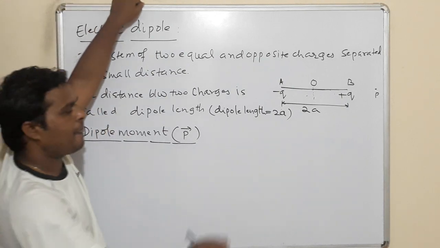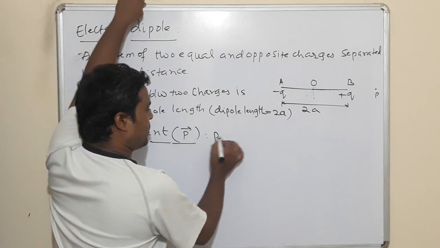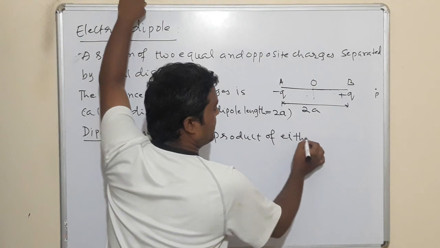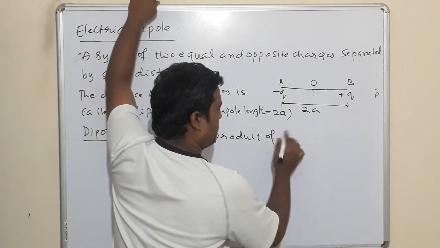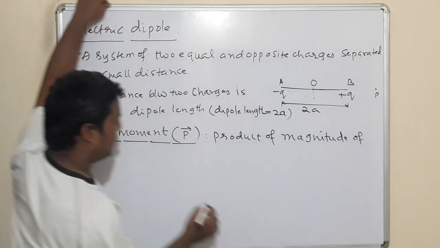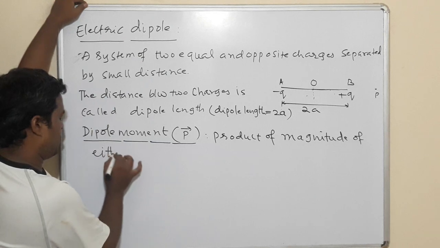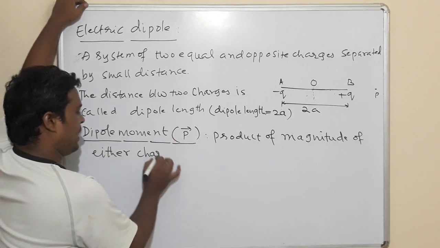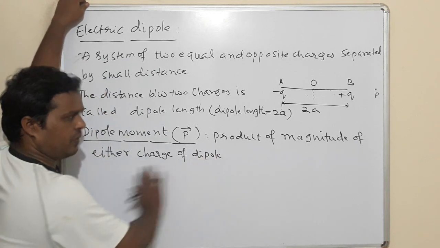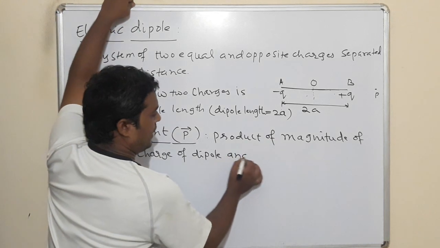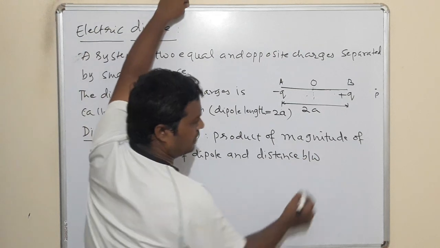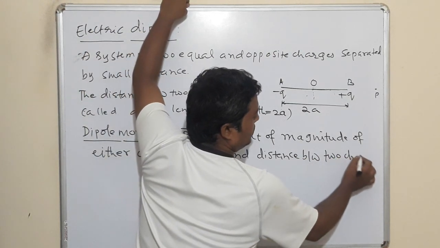Dipole moment is the product of the magnitude of either charge of the dipole, any one you can take, and the distance between the two charges, which is nothing but the dipole length.